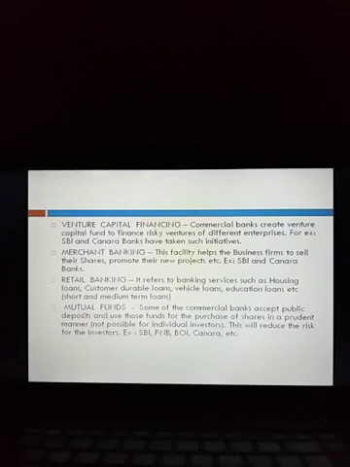Actually, these mutual funds are quite better than dealing directly in the share market. This will reduce the risk for investors. For example, banks like State Bank of India, PNB, that is Punjab National Bank, BOI, Bank of India, Canara Bank, etc., have initiated such projects.